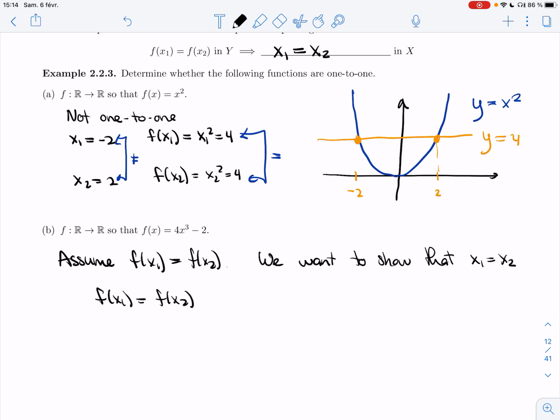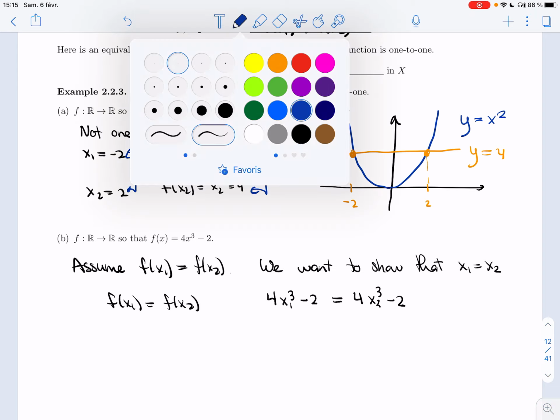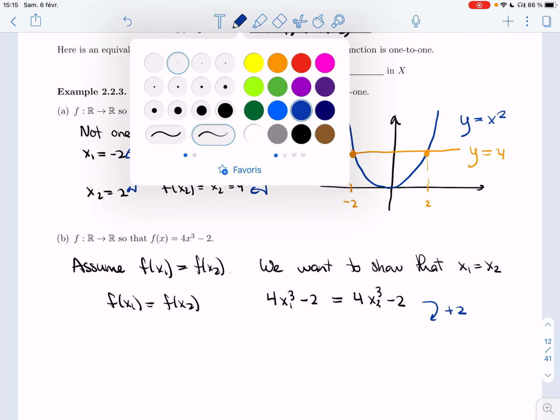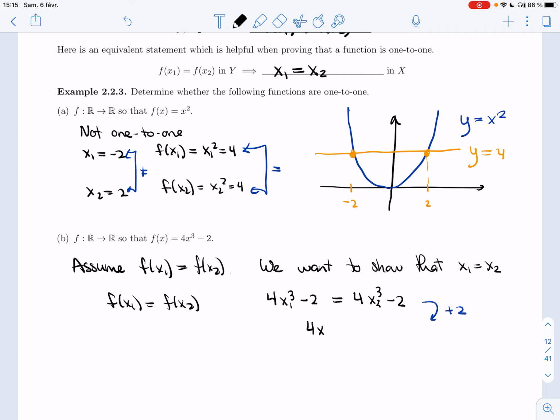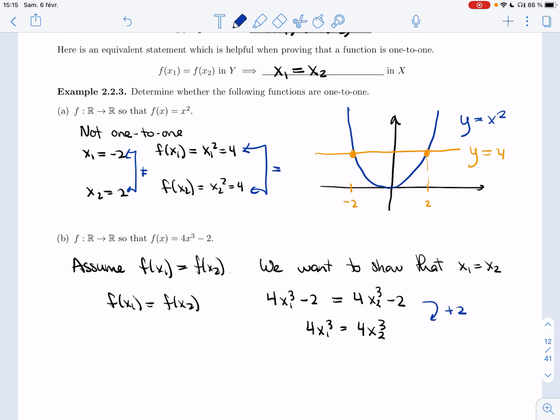All right, so f of x1 equals f of x2. That means 4x1 cubed minus 2 equals 4x2 cubed minus 2. And let's try to cancel things until we get x1 and x2. So I'm going to add 2 here. That's going to give me 4x1 cubed equals 4x2 cubed. Then next step, I'm going to divide by 4. I'm going to get x1 cubed equals x2 cubed.